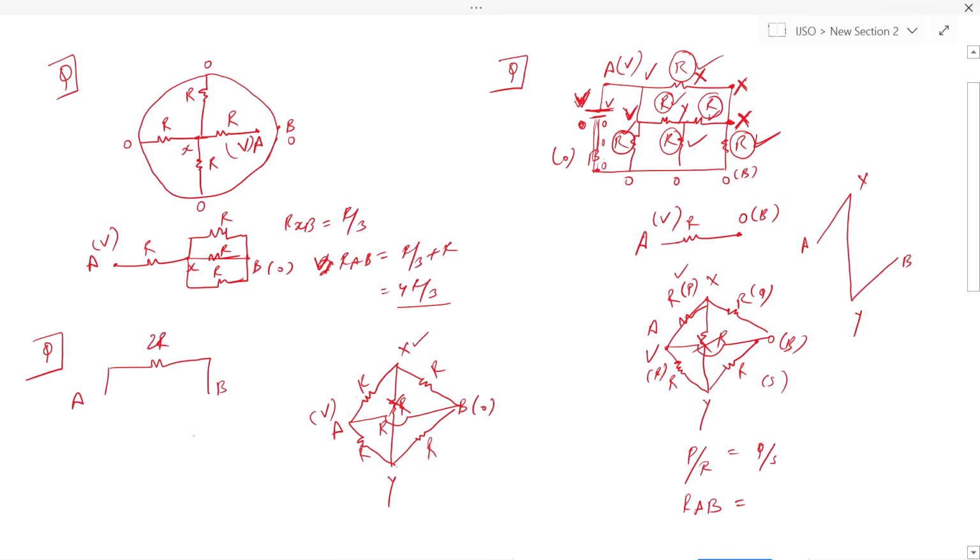There is one more resistance which is R, and there is one more resistance R plus R which is 2R, parallel. Clear or should I draw it again?